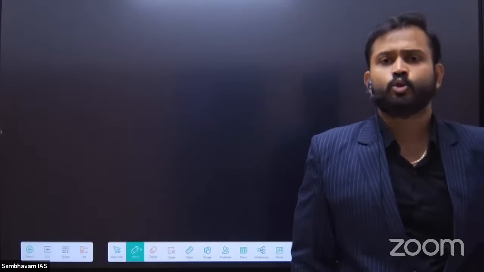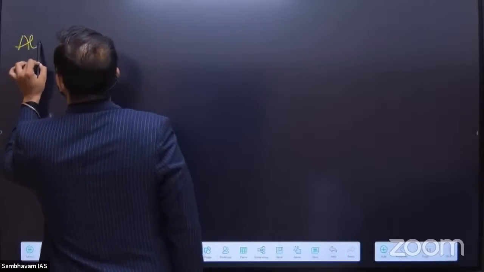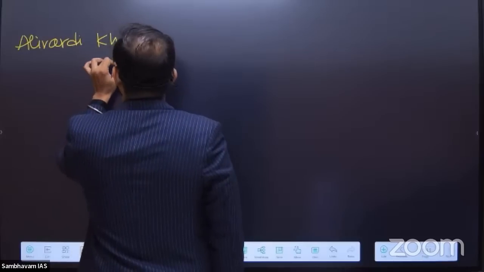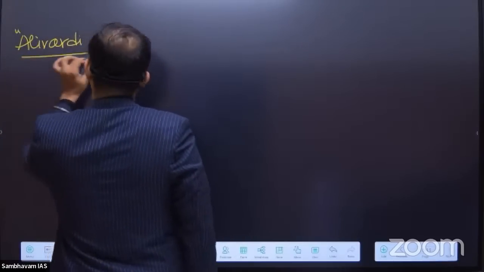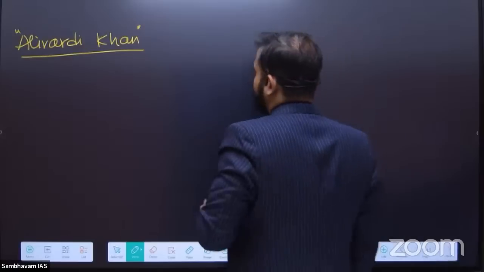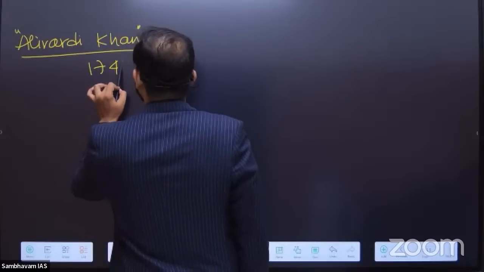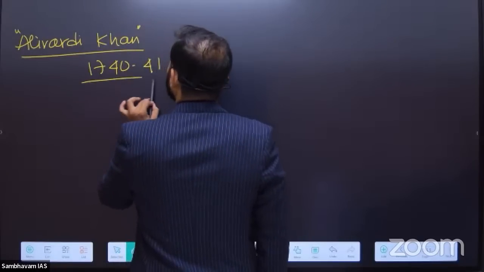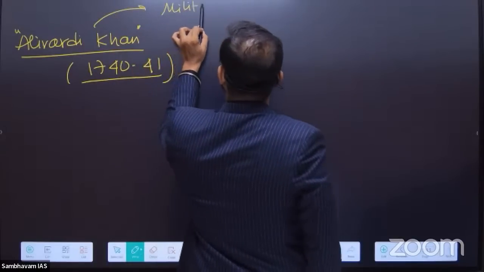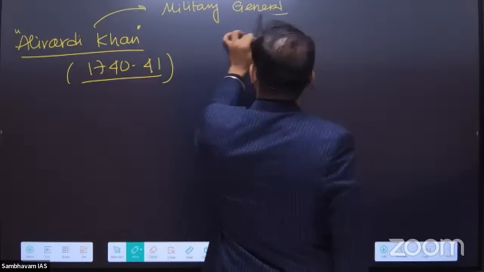Ali Vardi Khan rose to power by 1740-41. He was a military general basically who toppled the government and became a sultan.